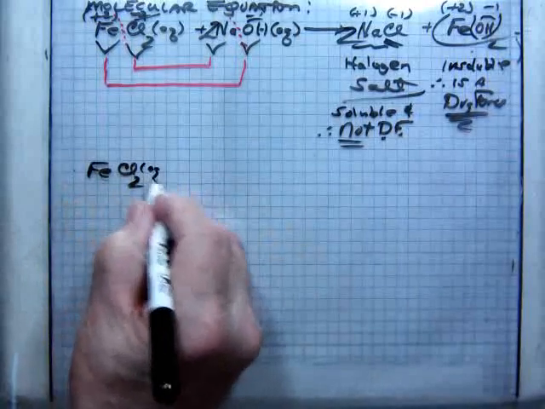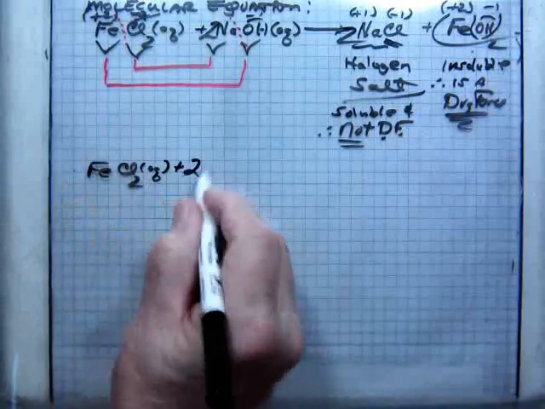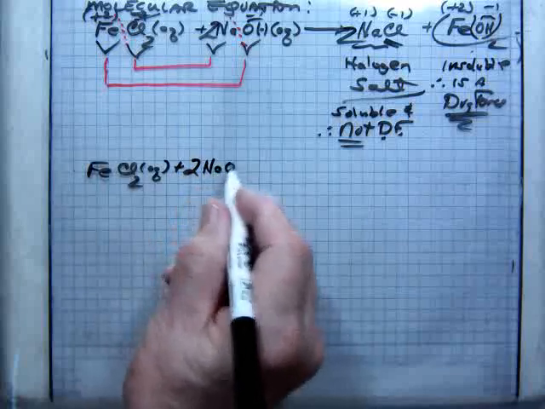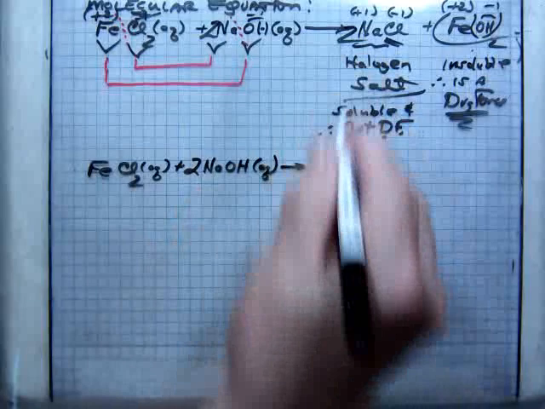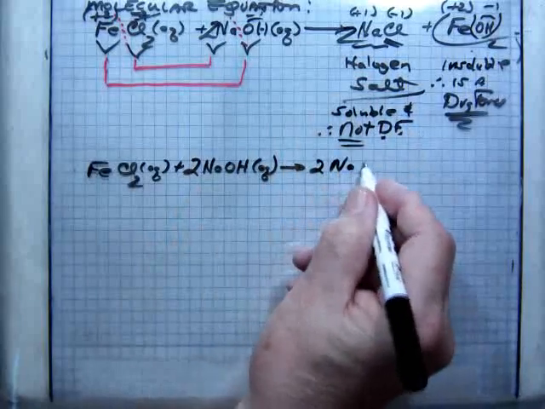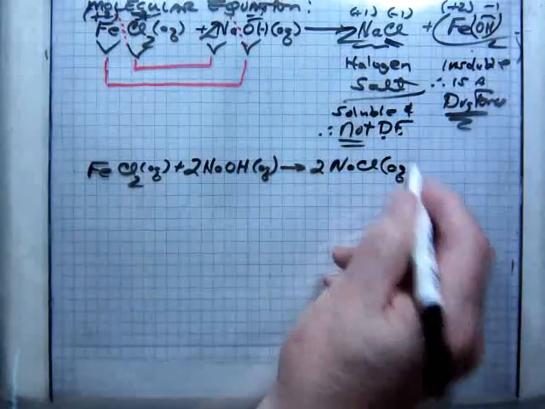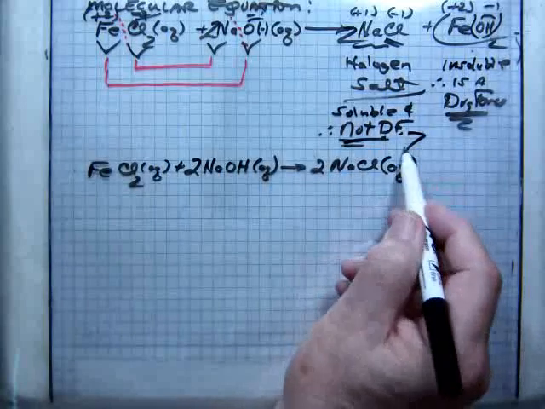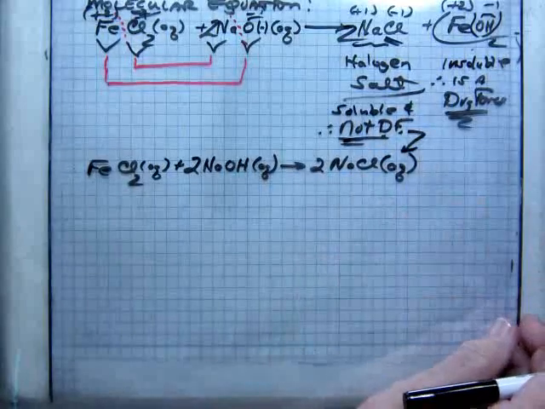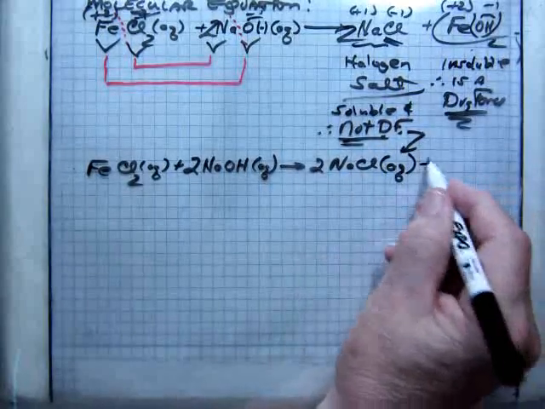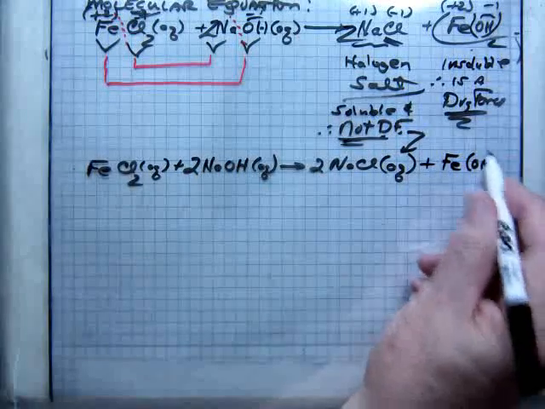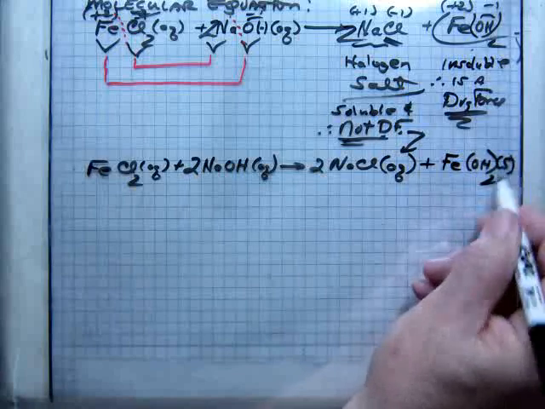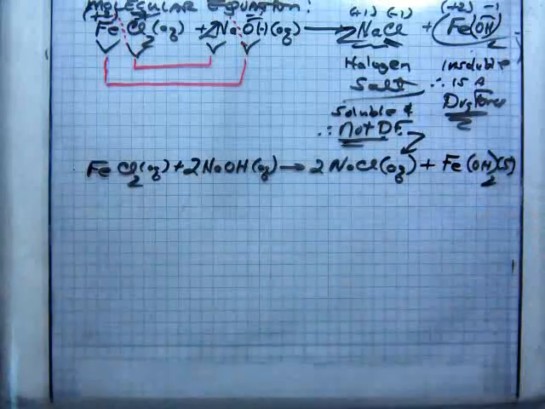This is FeCl2 (aq) + 2NaOH (aq) goes to 2NaCl. That should be listed as not a driving force, it stays in solution, (aq). And then we designate the iron hydroxide as a solid, and that indicates that it is a precipitating solid coming out of solution.